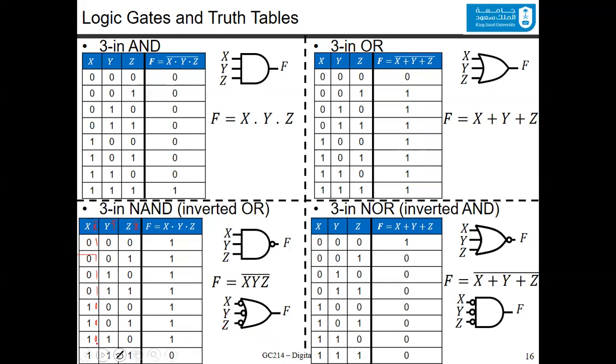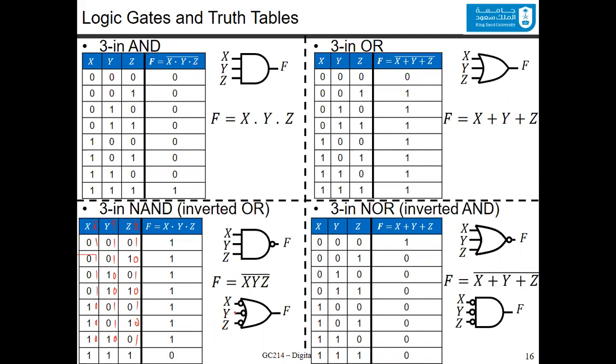So here also the y bar is 1, 1, 0, 0, 1, 1, 0, and 0. The z bar is 1, 0, 1, 0, 1, 0, 1, and 0 at the end.